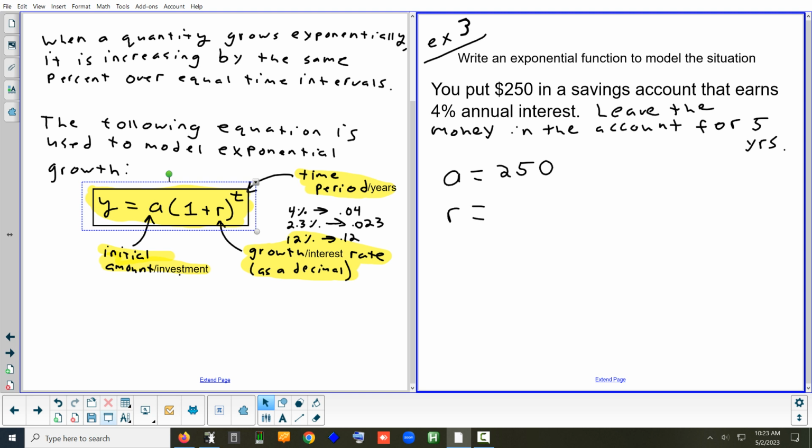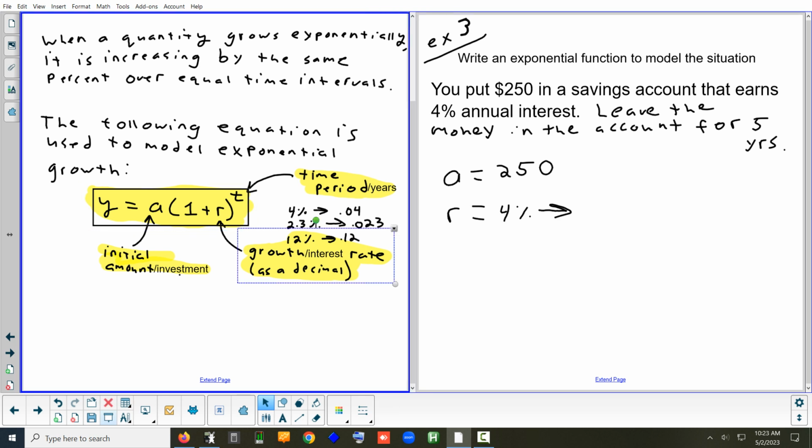It's my interest rate. Yeah? 4%. And remember what we said? It has to be a decimal. Actually, we already did that one. What is 4% as a decimal? Yeah. 0.04.